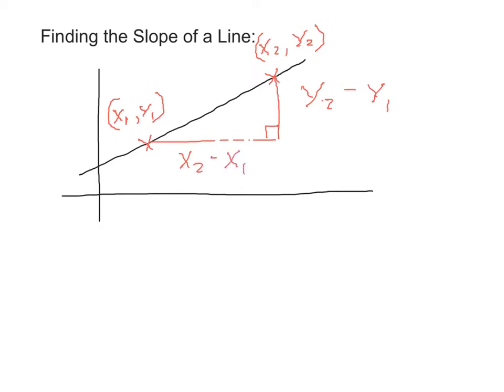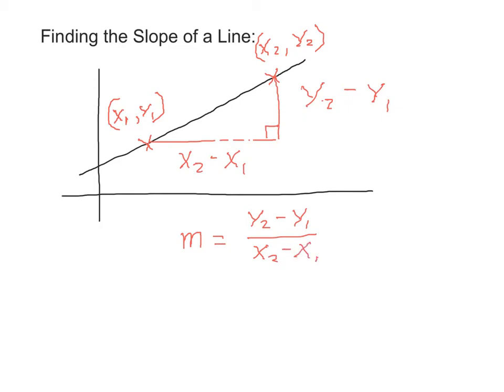And we said that the slope, therefore, was equal to rise over run. So in this case, the slope, or to use the terminology we just used earlier, m is equal to y2 minus y1 over x2 minus x1.